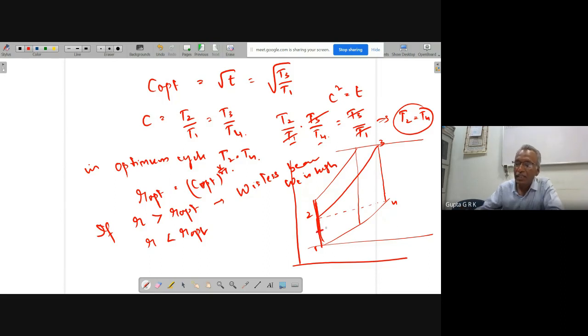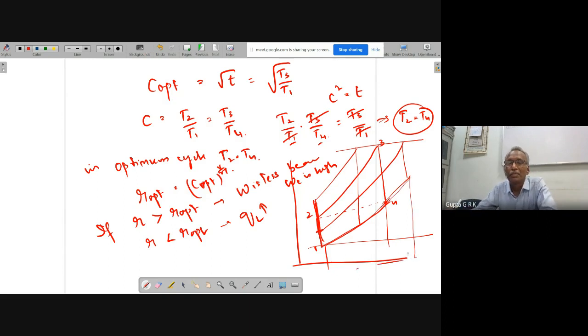Suppose I take it here. What happens to the cycle? It will become like this. Am I clear? Now you can see that QL increases very much. Previously QL was up to here only, so the area under this. Now QL is this much.